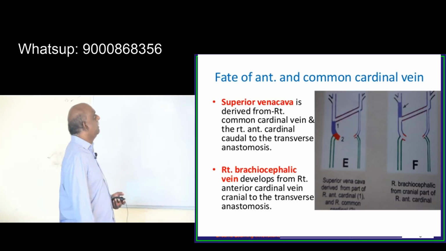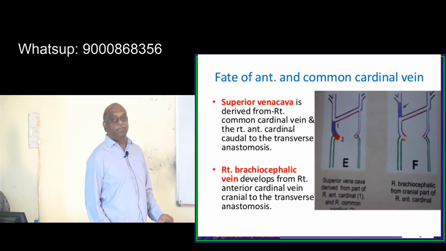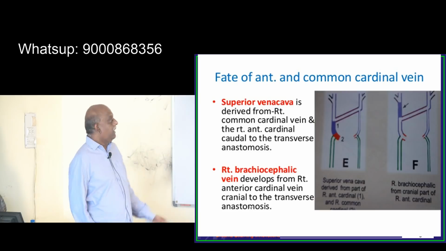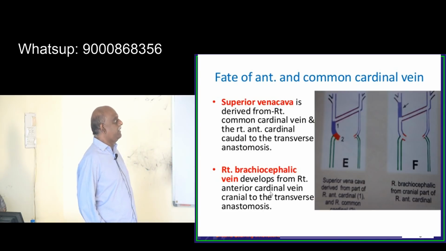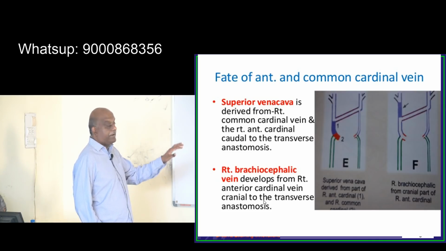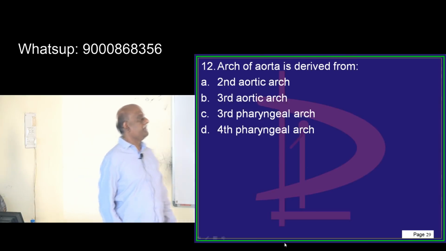Cardinal vein. Superior vena cava is derived from the right cardinal vein, common cardinal vein, and the right anterior cardinal caudal to the transverse anastomosis. Right brachiocephalic develops from the right anterior cardinal vein. That's what you need to appreciate.